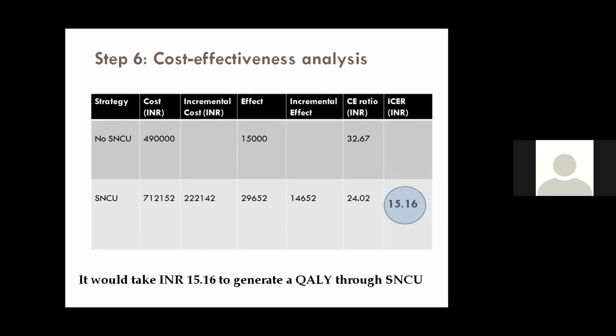No SNCU cost was 4,90,000, effect was 15,000, and for SNCU we got the incremental cost. How do you get that? The difference between these two. And then you have the effect, so the incremental effect is 14,652. So divide incremental cost by incremental effect, and you get 15.16.